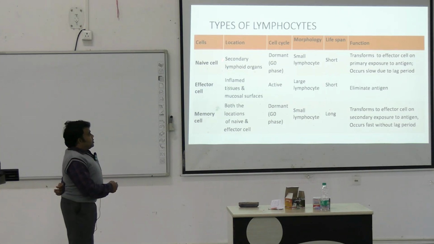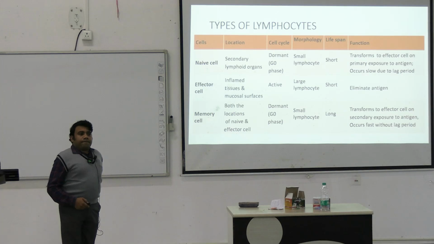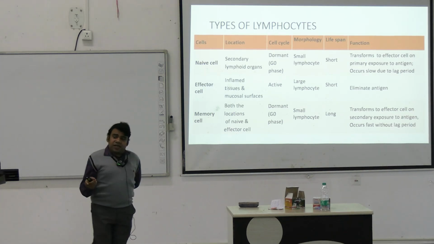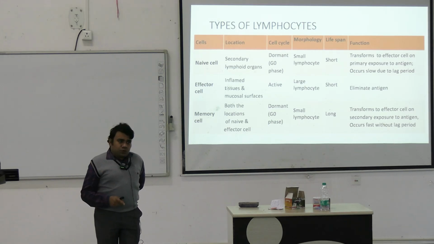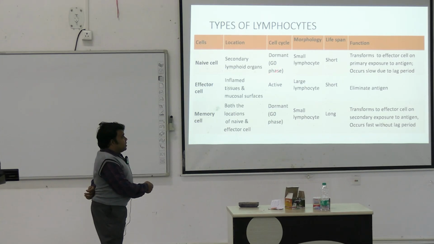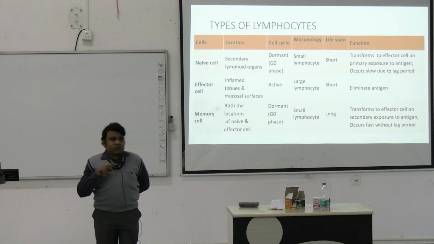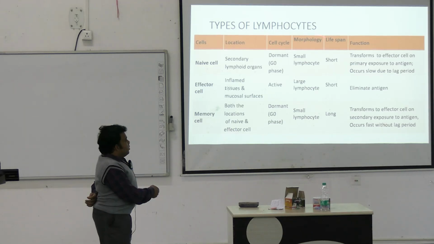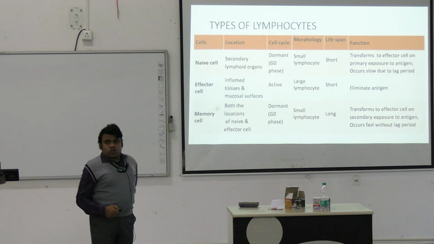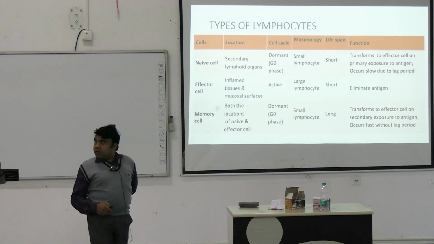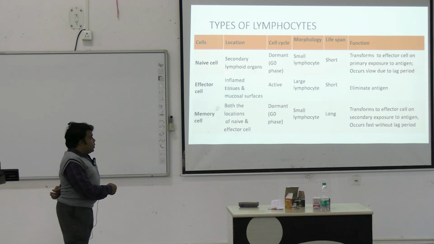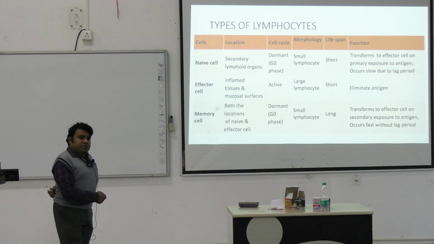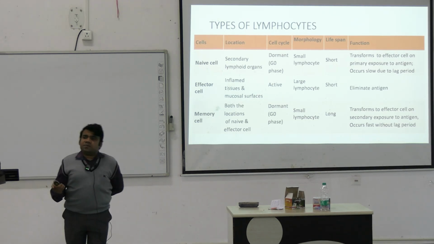So where is the naive B cell present? In the secondary lymph node. Why? Because that is the area where, from the portals of entry, the organism can get exposed. Next, it lies in the dormant phase because it is not active. They are small in shape and have a short lifespan. When it gets triggered, what will happen? It will form effector cells. Where will the effector cells be present?